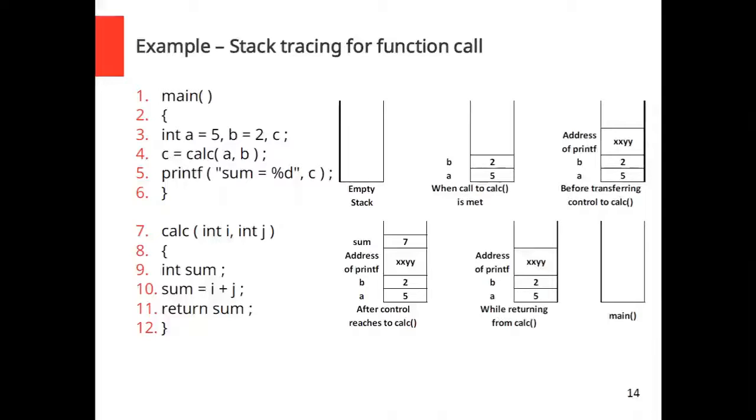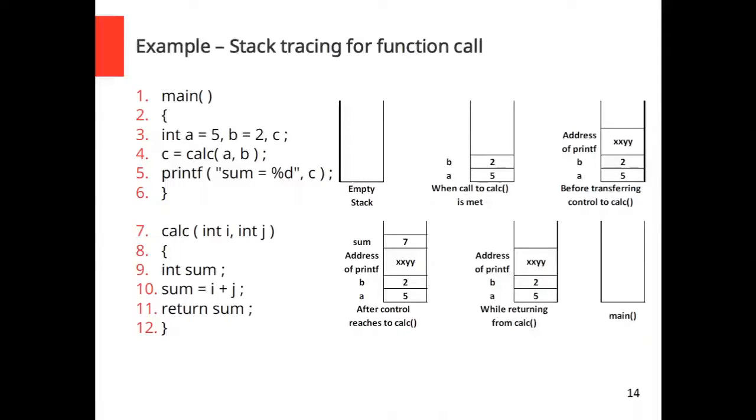At the beginning, the stack is empty. In the main function, we have three variables a, b, c. a and b are initialized with the values 5 and 2, and c is assigned the value returned from the calc function, which accepts two variables a and b as parameters.